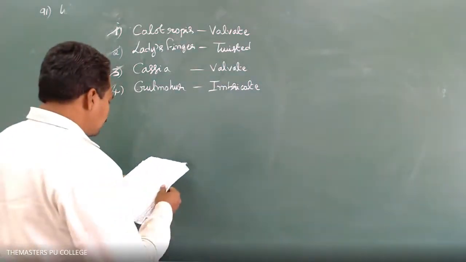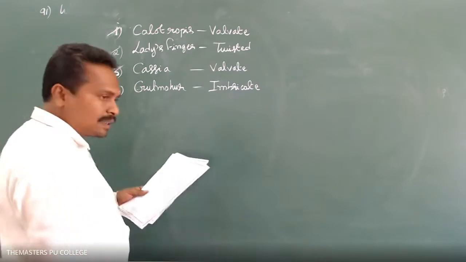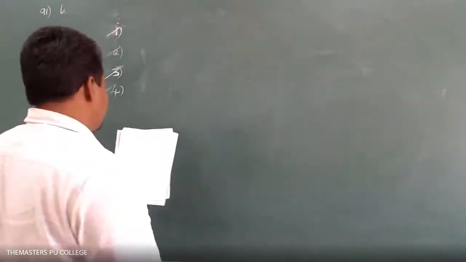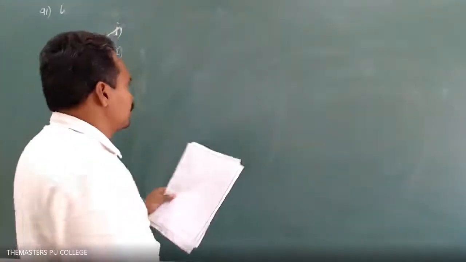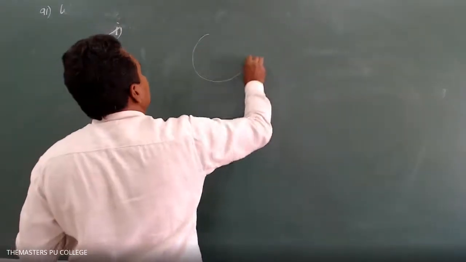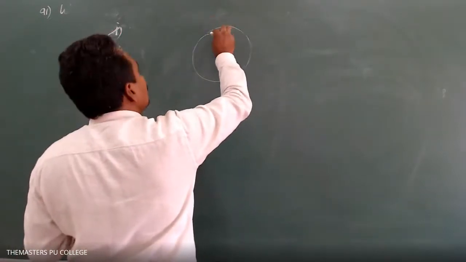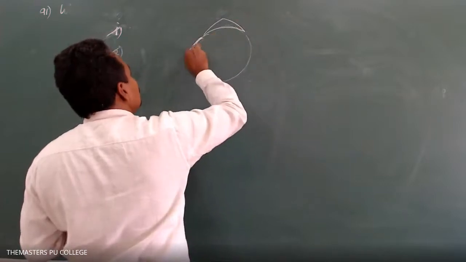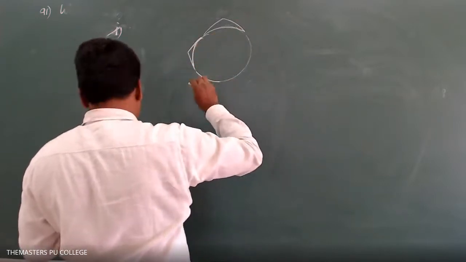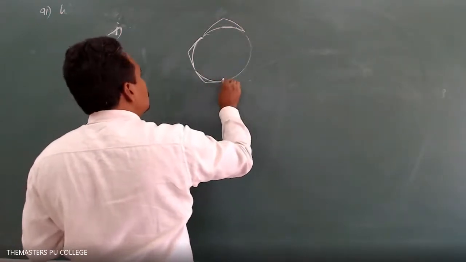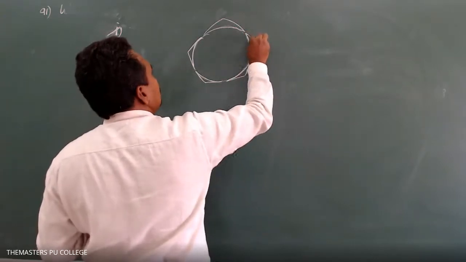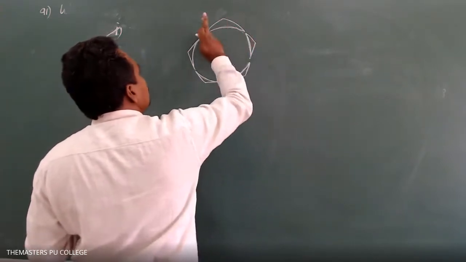Next. Match column 1 with column 2 with respect to estivation. Sir, option 4. What is the estivation? A is valvate, valvate estivation, right?